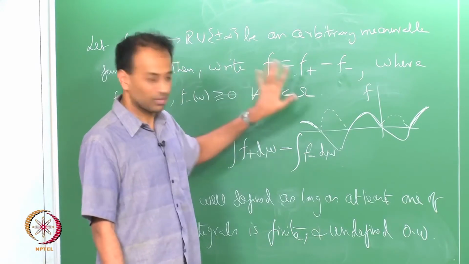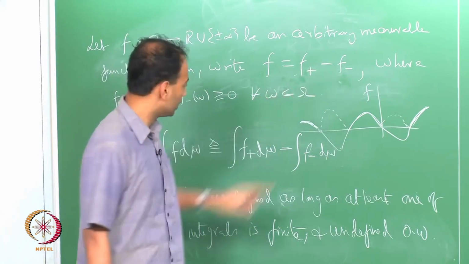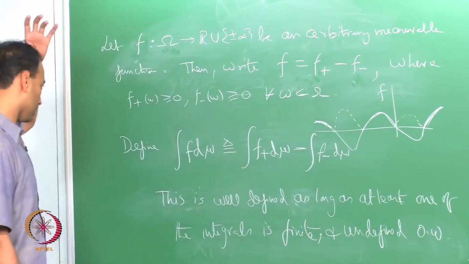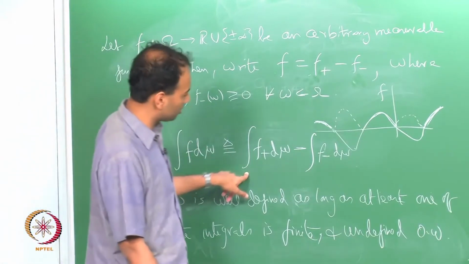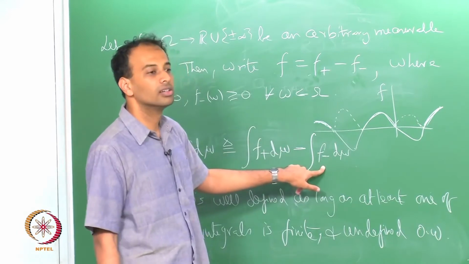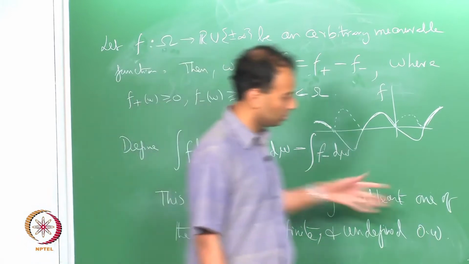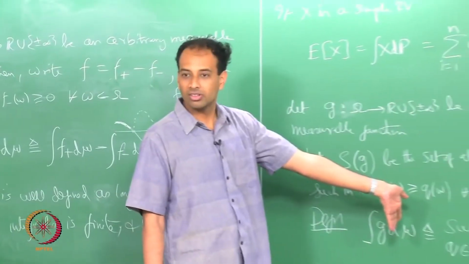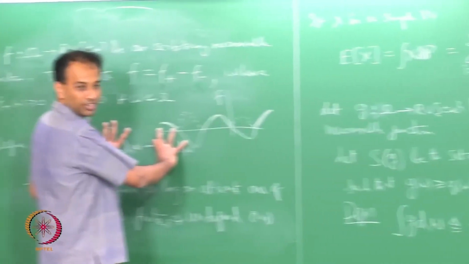Formally, those are the definitions of f plus and f minus for each omega. Then you define integral f d mu as the integral of f plus minus the integral of f minus, and these two things are well defined. How do you define these? These are non negative functions, so you can use the earlier definition. So, these two are always well defined.